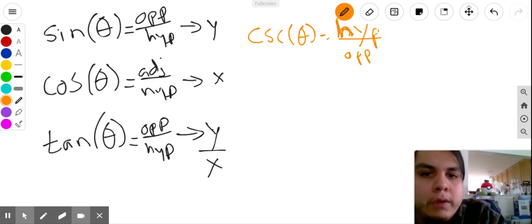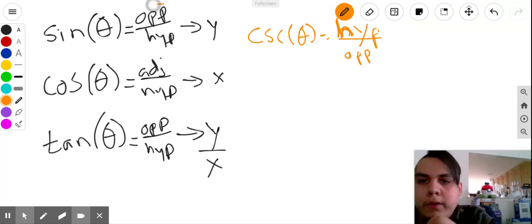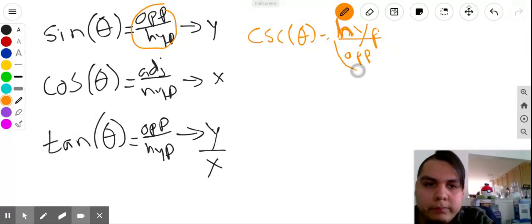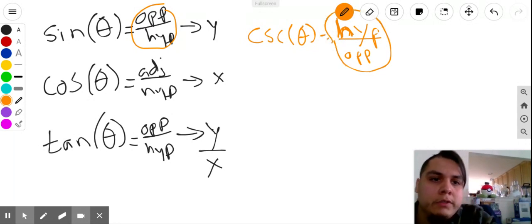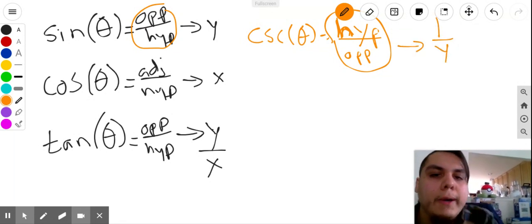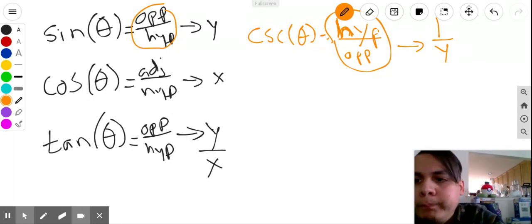So if you notice, this is the reciprocal of that. So if I'm using the unit circle, I could just say this is 1 over y. So if I know the y value, I take the reciprocal and I can just get the cosecant.